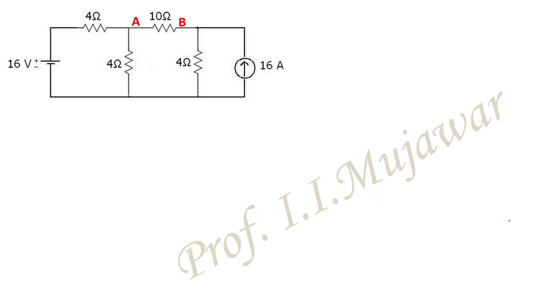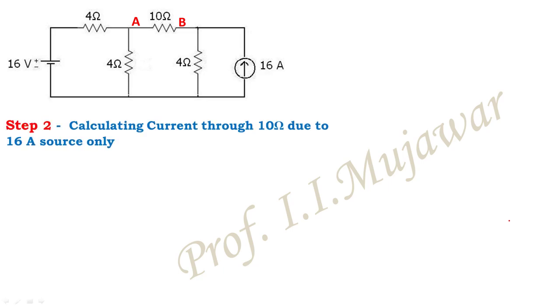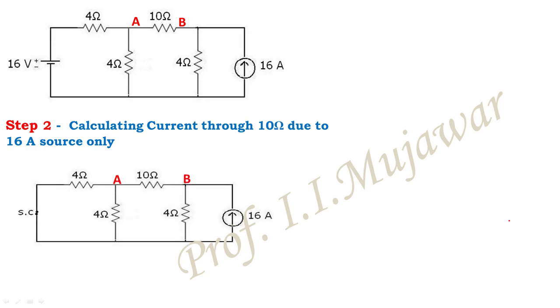Okay. Now in the next step, we have to calculate current through 10 ohm due to 16 ampere source only. That means here 16 volt source must be removed. So whatever the 16 volt battery is there, that should be replaced by a short circuit. Now if we use here say a method of current divider rule.